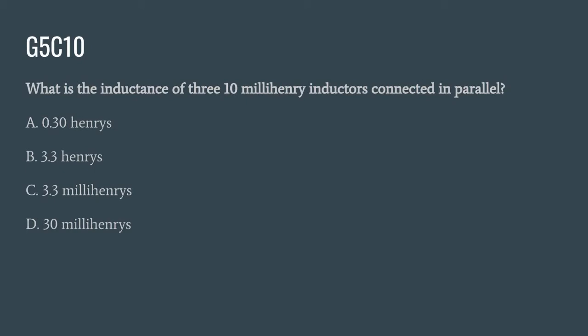G5C10. What is the inductance of three 10 millihenry inductors connected in parallel? A. 0.30 henries, B. 3.3 henries, C. 3.3 millihenries, or D. 30 millihenries. Correct answer here, C. 3.3 millihenries.